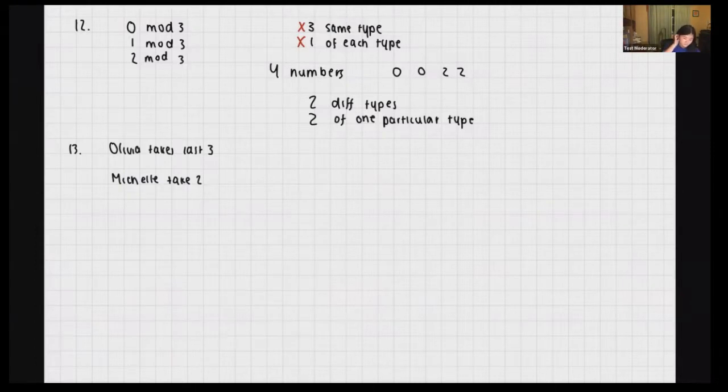So it kind of implies that she takes 5 because it's 3 plus 2, right? So then she takes 2 candies and then 5 candies.